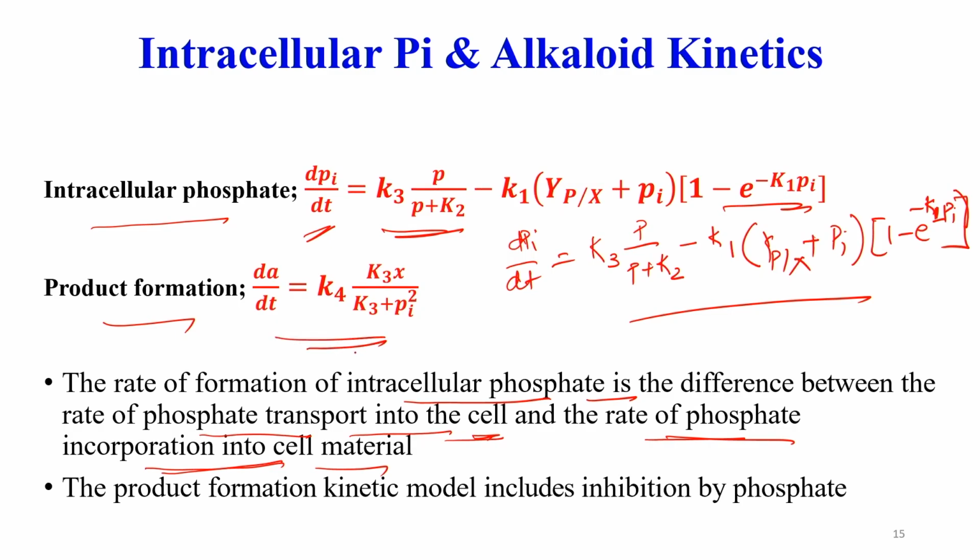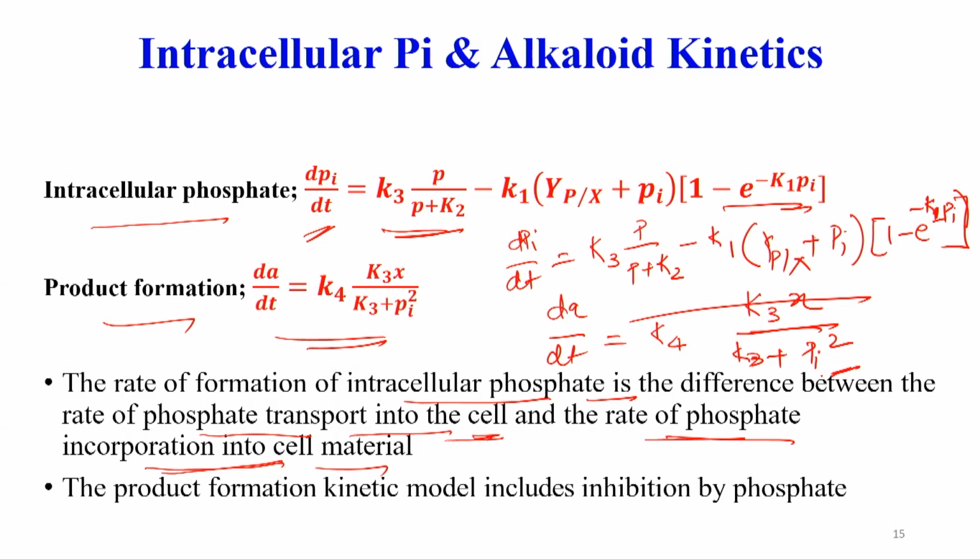Similarly, if we see the last one, the fourth equation, the rate of product formation, dA/dt equals a constant k4 times k3 X upon k3 plus Pi square. If you remember this term Pi square, we have previously discussed it along with substrate inhibition kinetics.